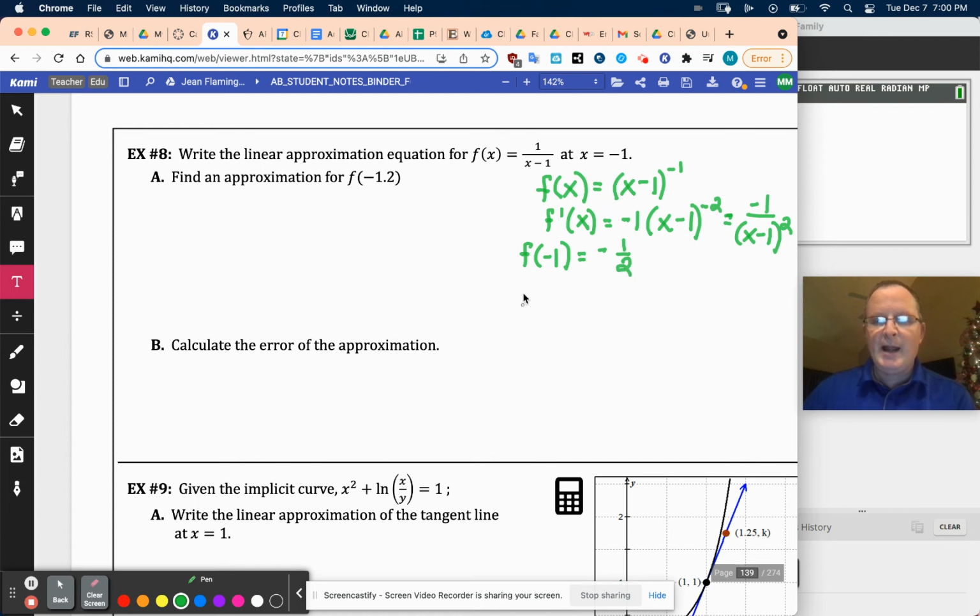And then I need f prime of negative 1. If I place a negative 1 in here, negative 1 minus 1 is negative 2 squared. That'll be negative 1/4. There we are.